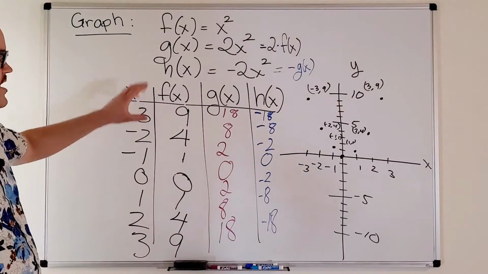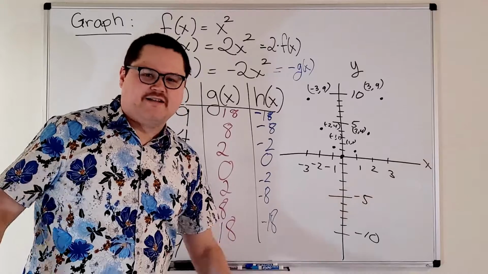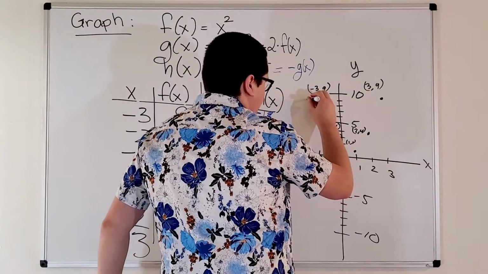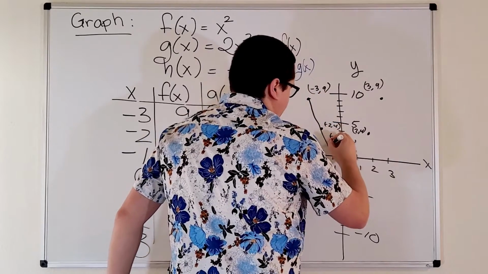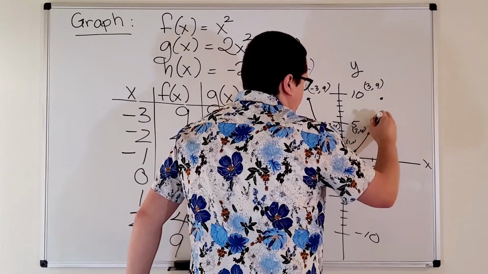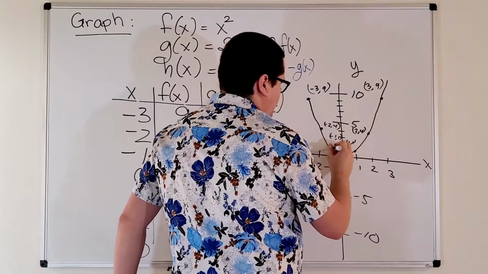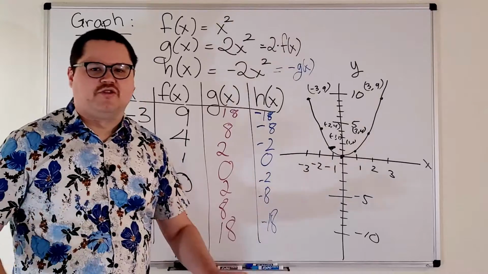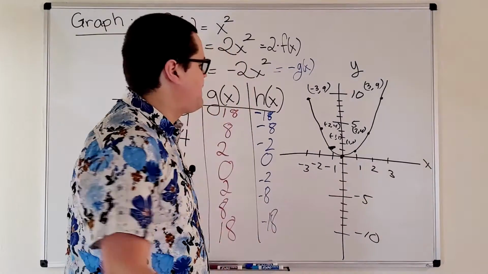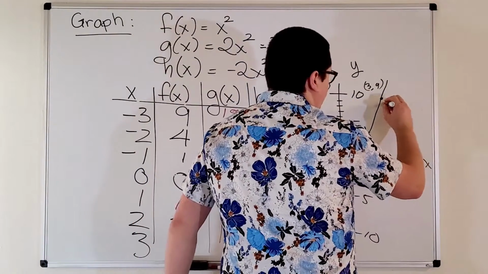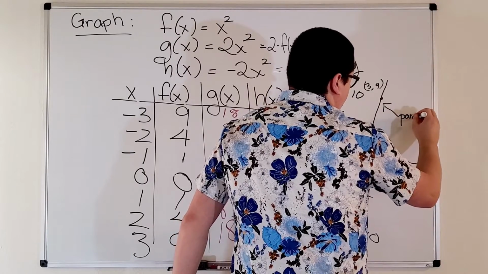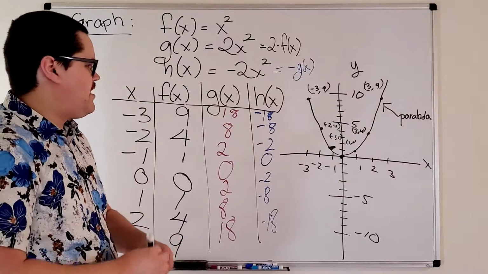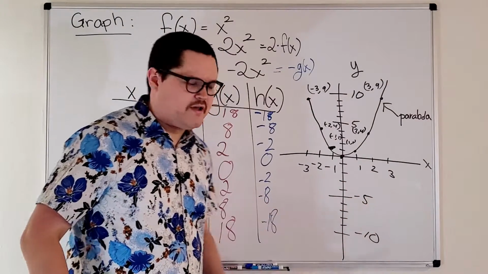Okay, so this is f of x. We can connect the dots to make a smooth curve. And we get something like this. Now this shape is known as a parabola. And that's the graph of x squared.